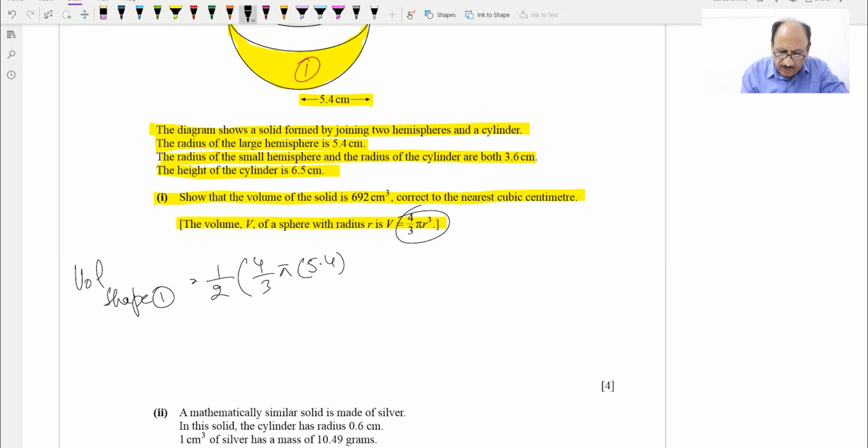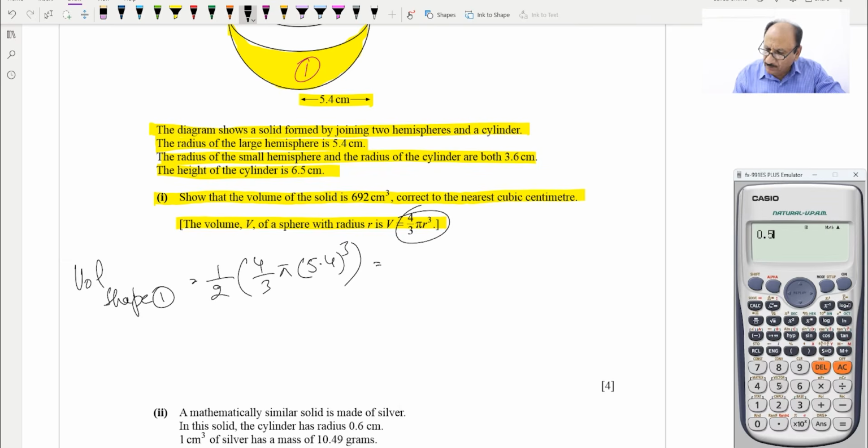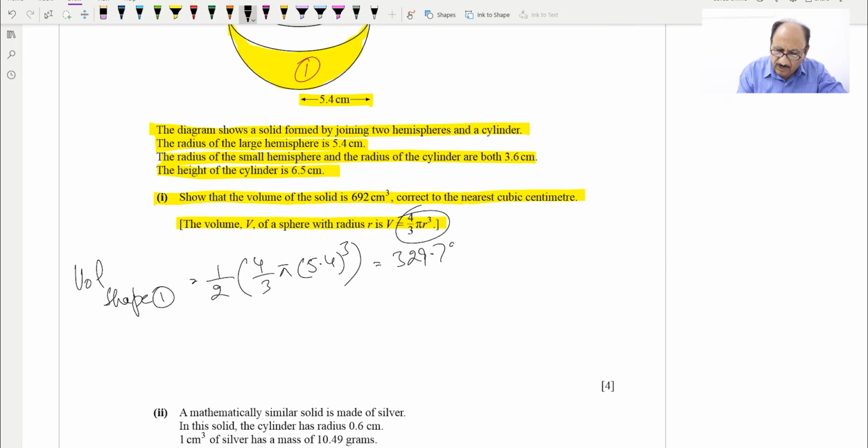So I will write here, and this will be cubed, and we can calculate this as 0.5 into, in brackets, 4 over 3 pi, into 5.4 cubed, bracket closed, and this is equal to 329.79.